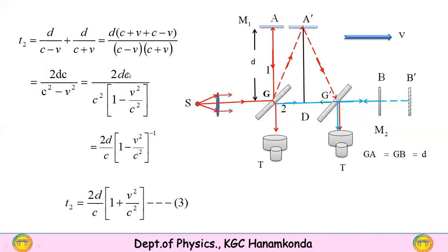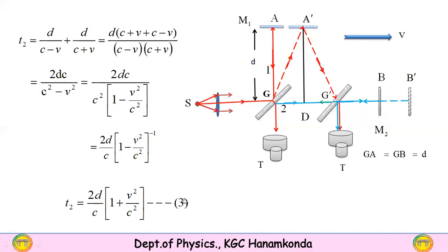Then what remains is 2d by c into 1 minus v square by c square whole power minus 1. Taking the term from the denominator to the numerator, the power becomes minus 1. And again we apply the binomial approximation, then this becomes 2d by c into 1 plus v square by c square. This is equation 3.